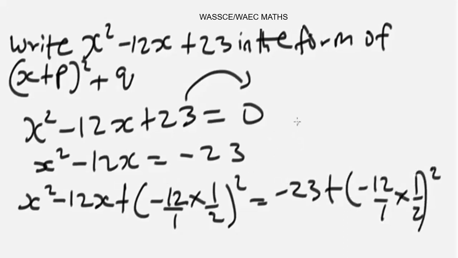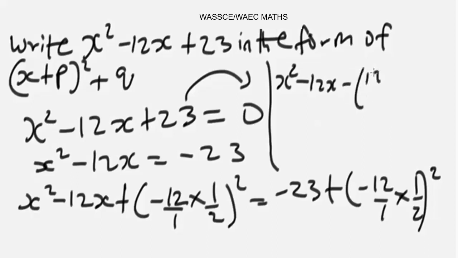So when you break this down, you're going to have x squared minus 12x plus, in brackets, minus 12 over 2 squared, the same thing as minus 23.